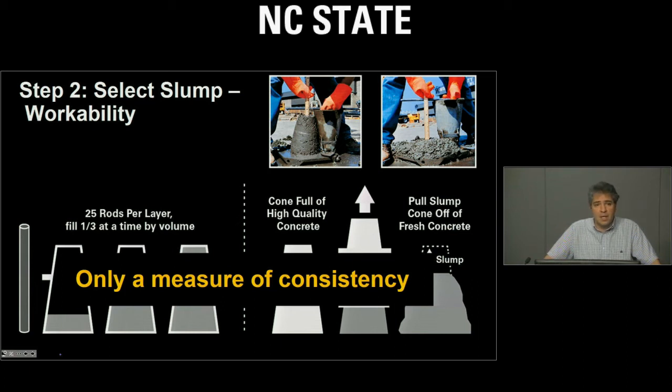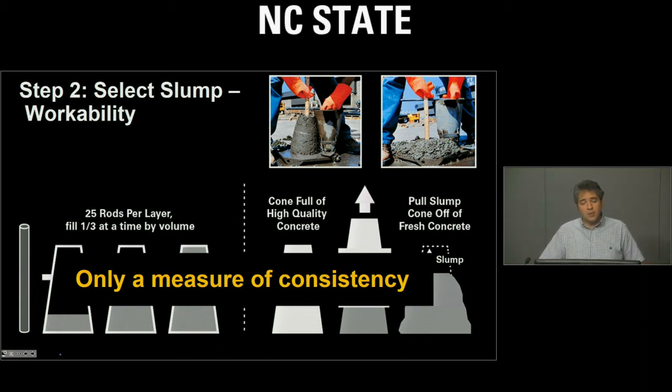Or you can have the same concrete and you can add a little bit of admixtures such as a high-range water reducer to it, and the slump of that will increase significantly. So we use the selection of slump as one of the steps in mixture proportioning, but it is very important that you realize that a slump is not an intrinsic property of the mixture. It is a measure of consistency.